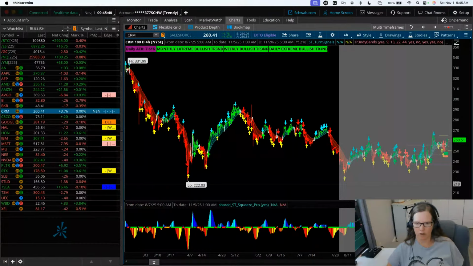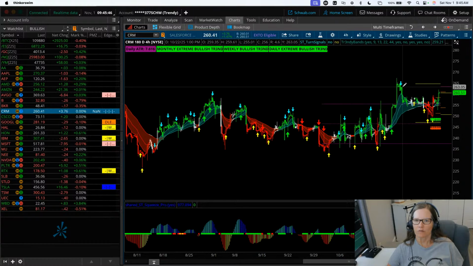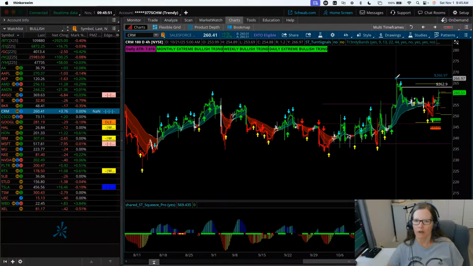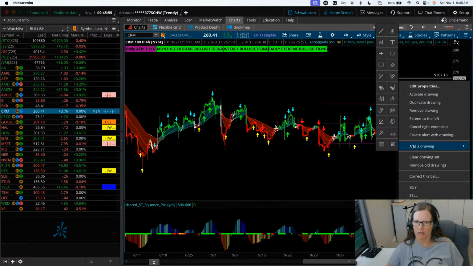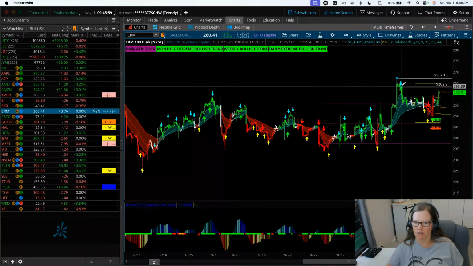Woo, look at all that chop. Bottom of chop. Price is right at resistance. We already knew that, but 4 hour, my target would be 260, 290 by 267.13.